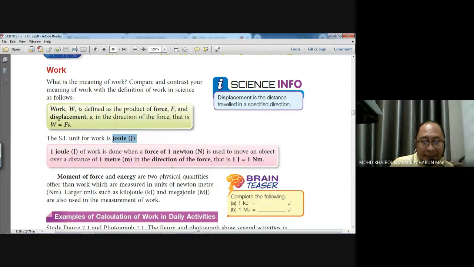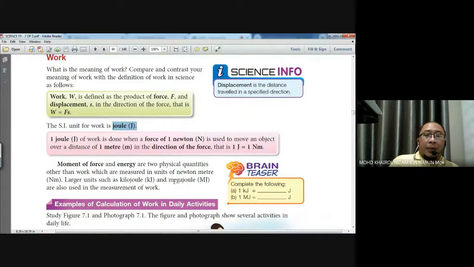That is how to explain work and its unit. So that is work.